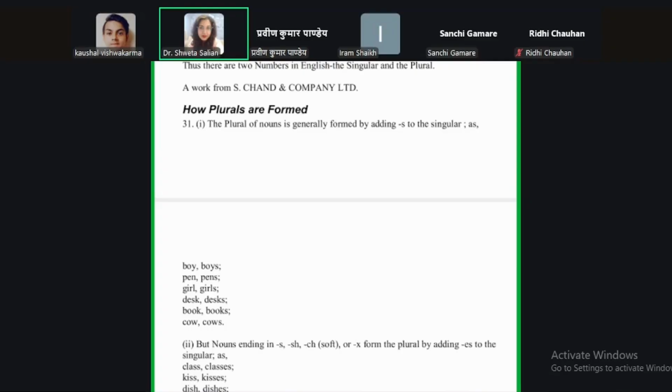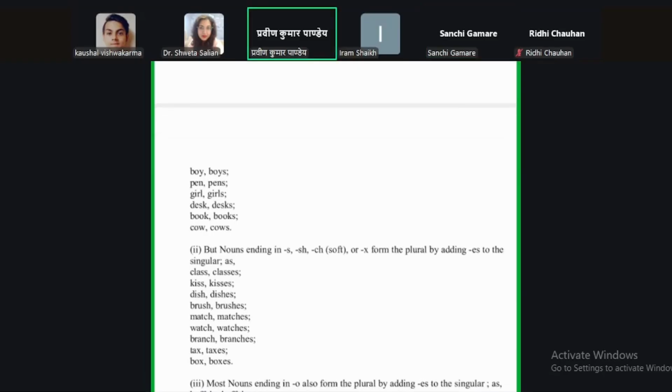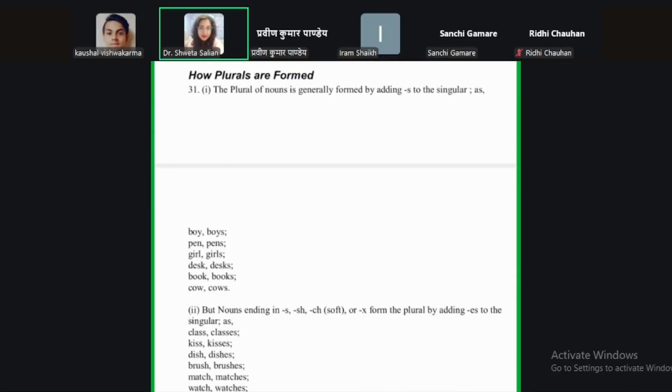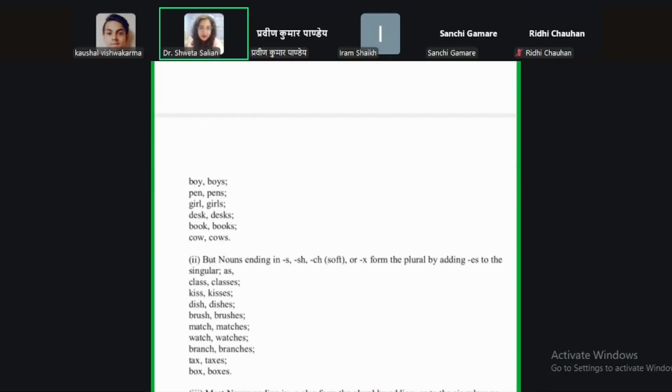You can add S, for instance boy, boys. And nouns ending in S, CH, or SH, or even by pronunciation, take ES: glasses, kisses, dishes, brushes.